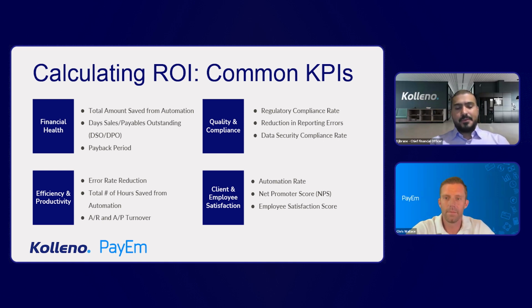I think taking a look at how automation helps improve regulatory compliance and keeping track of regulatory compliance rates, reductions in reporting errors, and a key area across all organizations, really around data security. I think another key measure is how automation can really help protect and ensure data security within the organization.